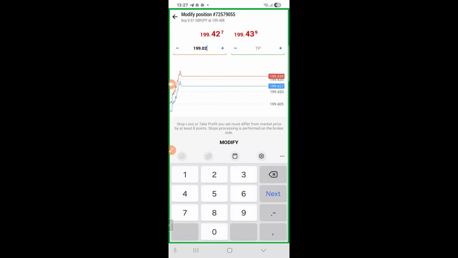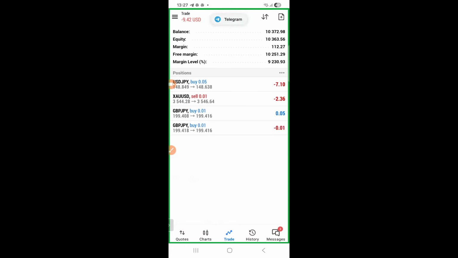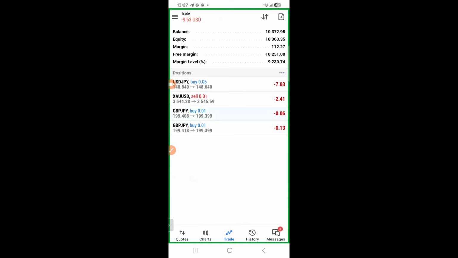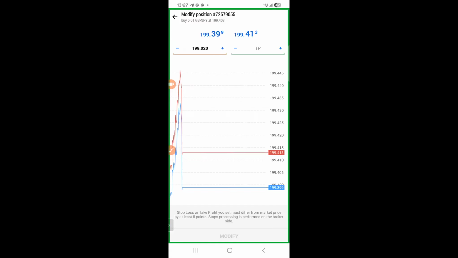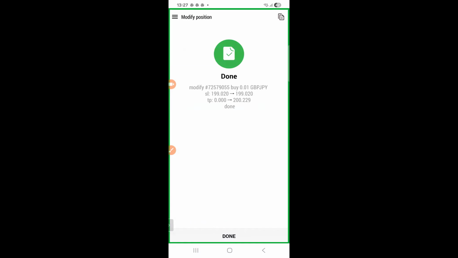I think I'm correct. So let's go and check. Okay, so my take profit can be this high, 200.229. Okay, so I will do the other one.